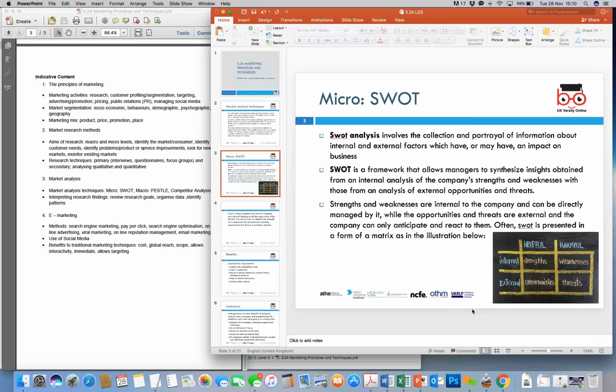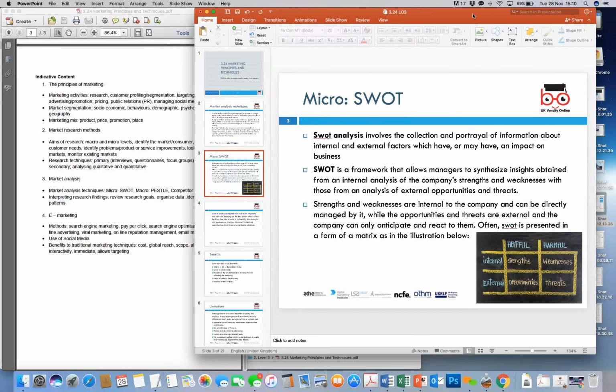So it is essentially a framework which allows managers, or people in general, to understand what are the internal factors which affect and can boost to a certain extent company strength, and deflate or minimize weaknesses by understanding those factors which affect it.